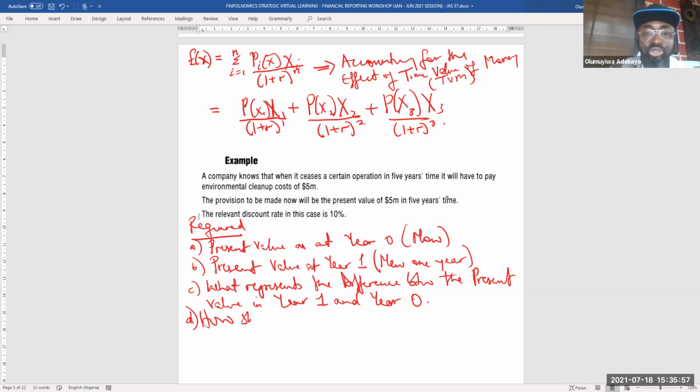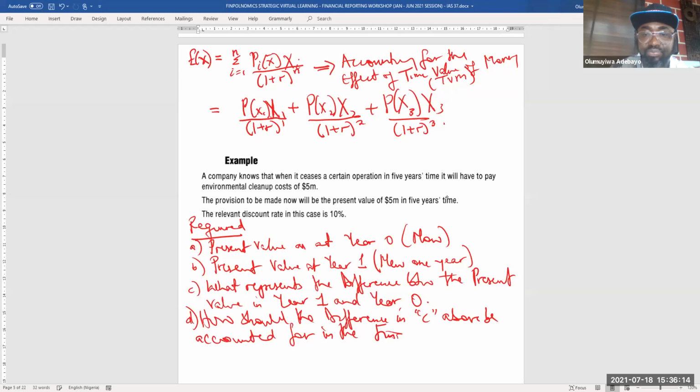And D, how should the difference in C above be accounted for in the financial statement in year 1? Now, who can read the question from beginning to the end?